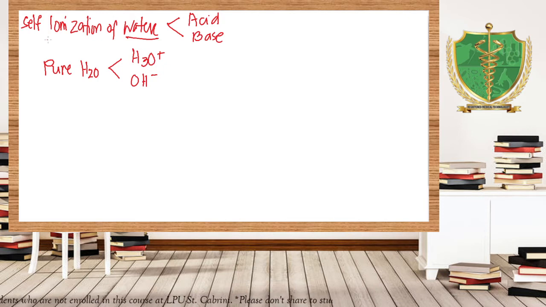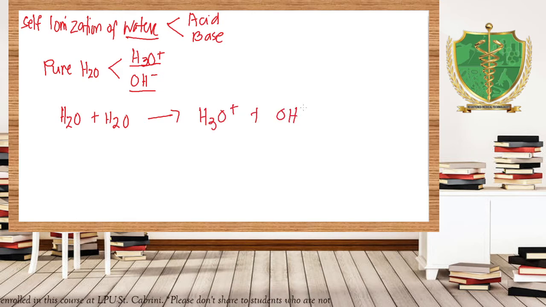So a pure water contains amounts of hydronium ion as well as hydroxide ion. Simply, a water plus another water will give you hydronium ion plus hydroxide ion, wherein one water acts as an acid and the other water acts as a base.